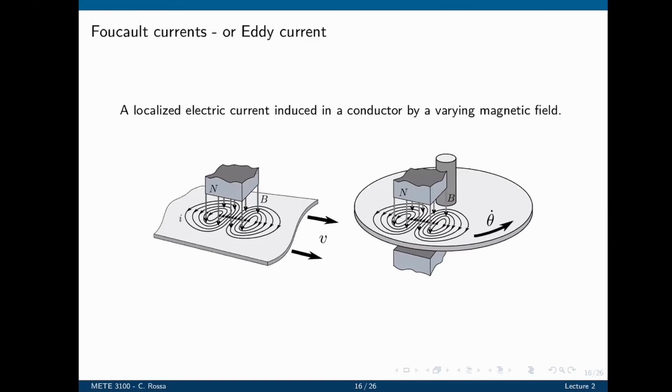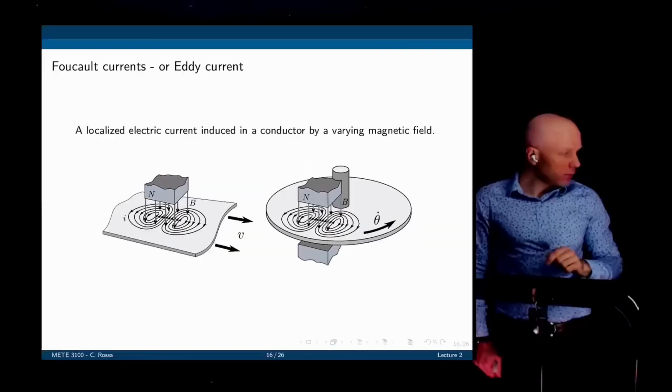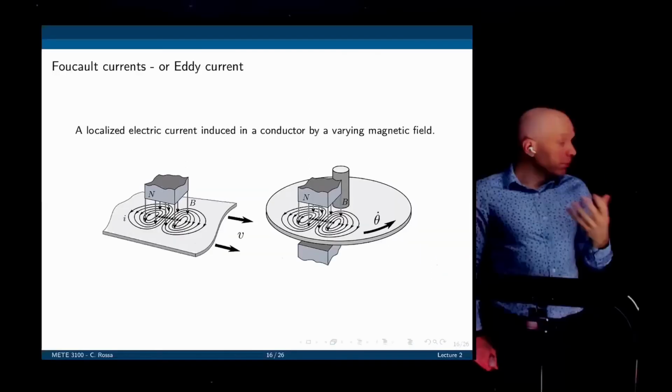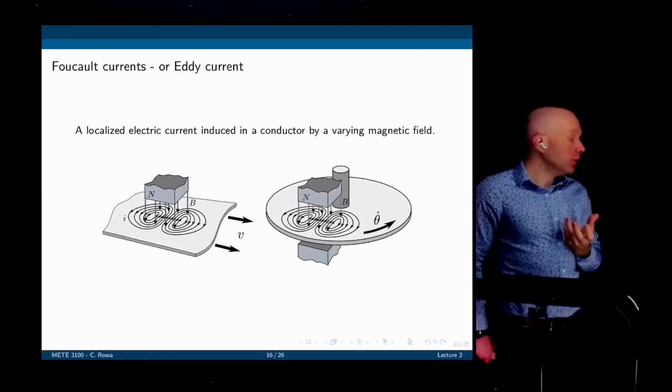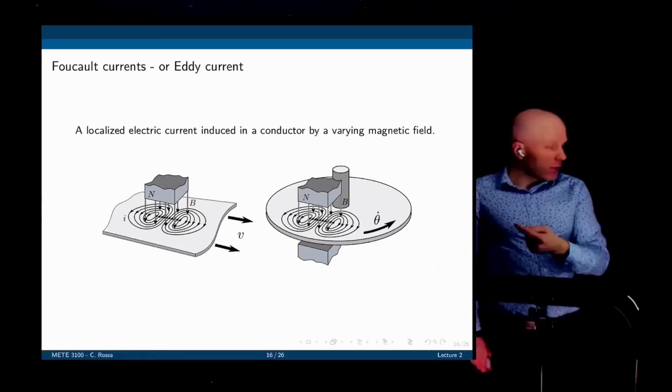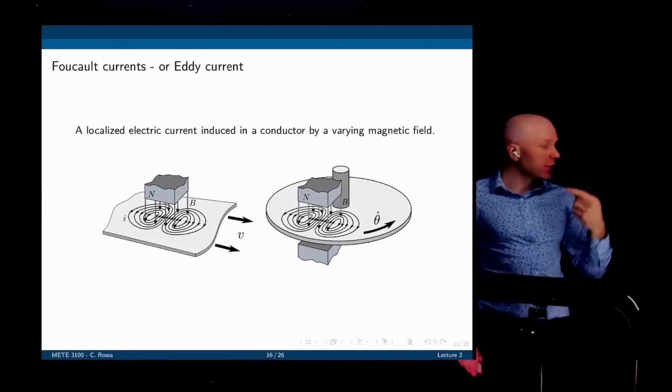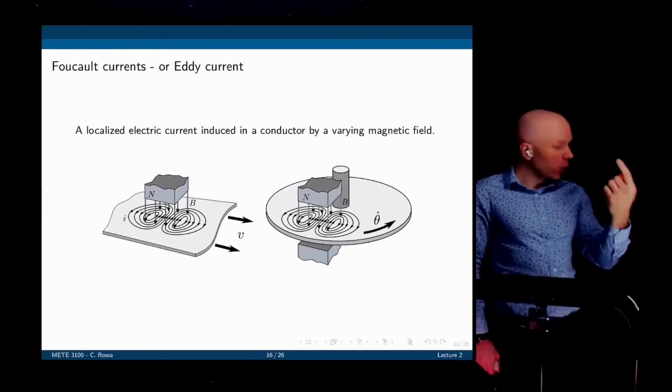Here we have something very similar, but instead of a conductor, we have a plate. The plate is actually a conductor. And these little lines that we see there, we can see them as wires, closed loop wires that are in that plate.